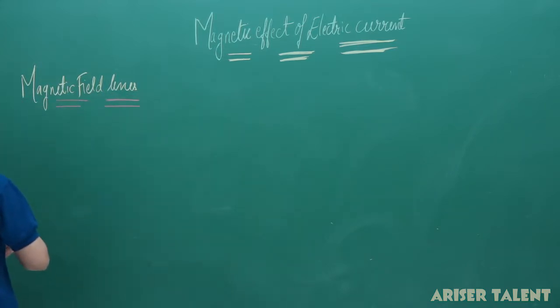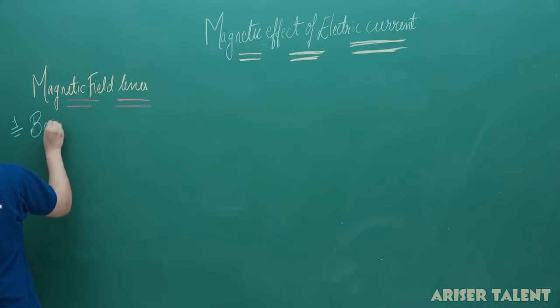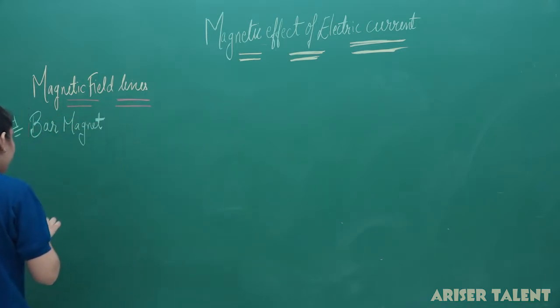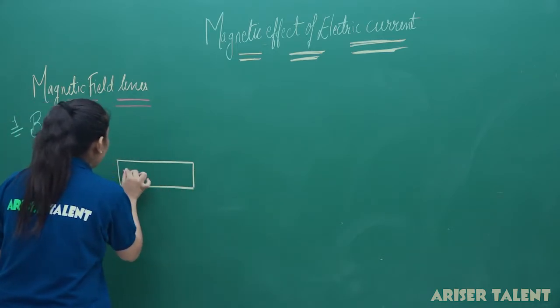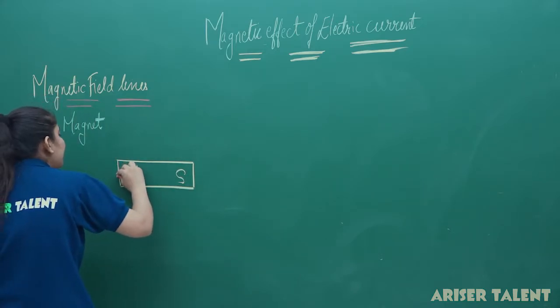So let's redraw the bar magnet first. In the case of the bar magnet, how can we draw the magnetic field lines? Here we have taken a bar magnet. This is our north pole, this is our south pole, and I am drawing the lines like this.